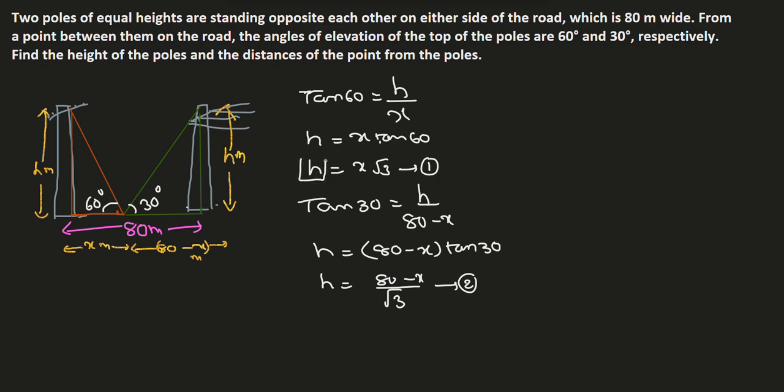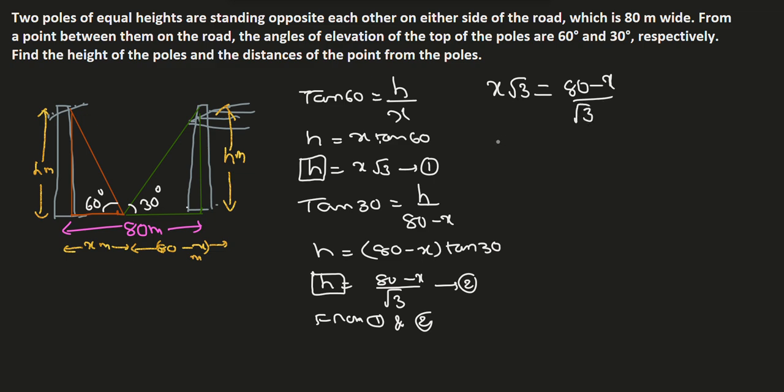From the first and second equation, LHS are equal. Therefore, from 1 and 2, compare RHS. This RHS is x root 3, equal to this RHS, 80 minus x by root 3.